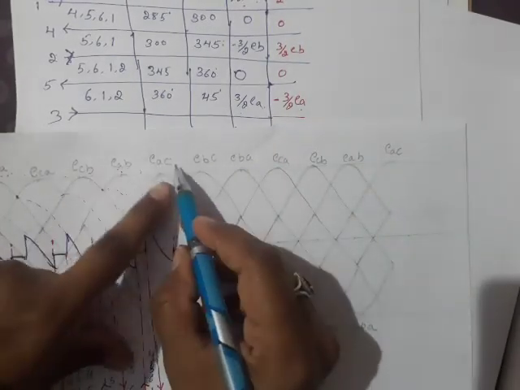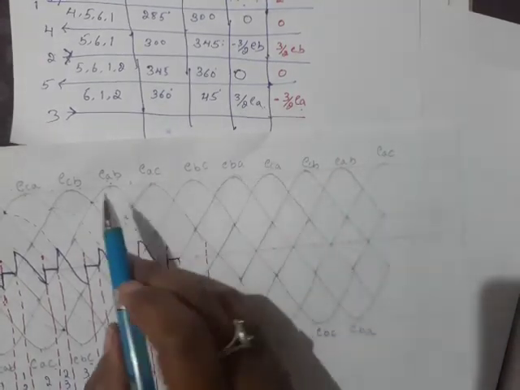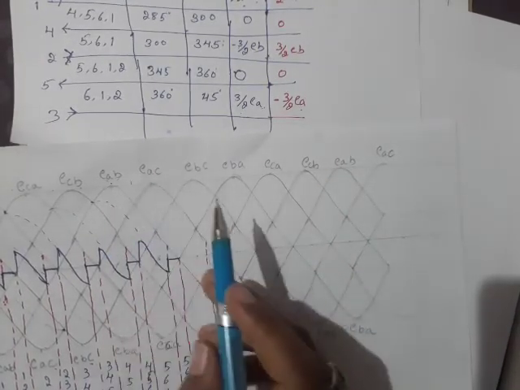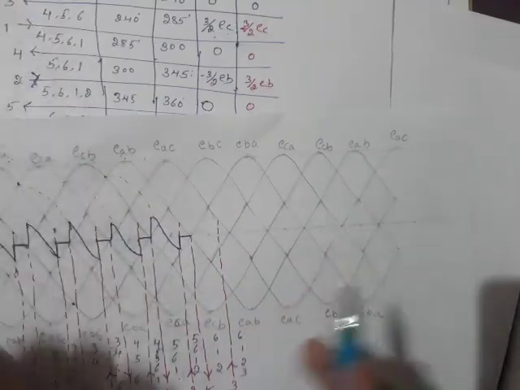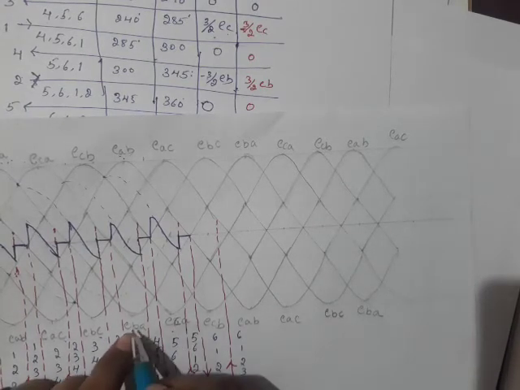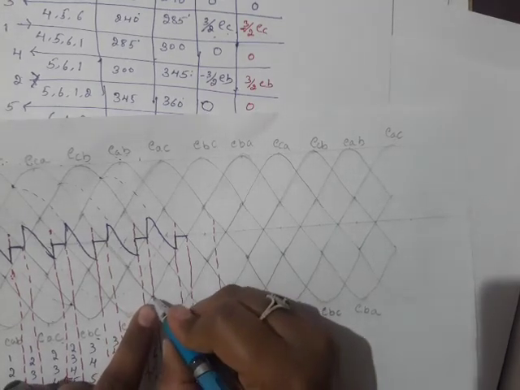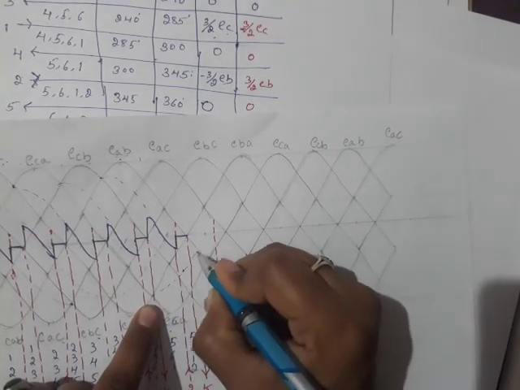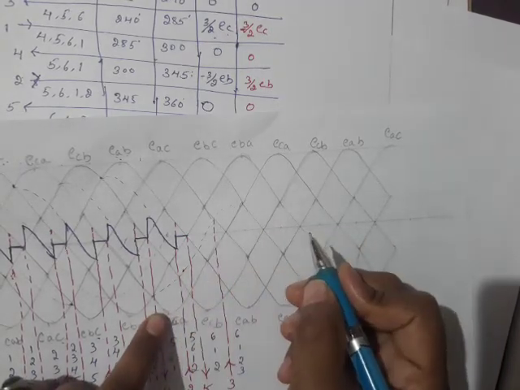So where will that come? Both are positive. See here, EB minus EA, EC minus EA. So between these two line voltages, I'll get minus 3 by 2 times EA. So it has to follow that.